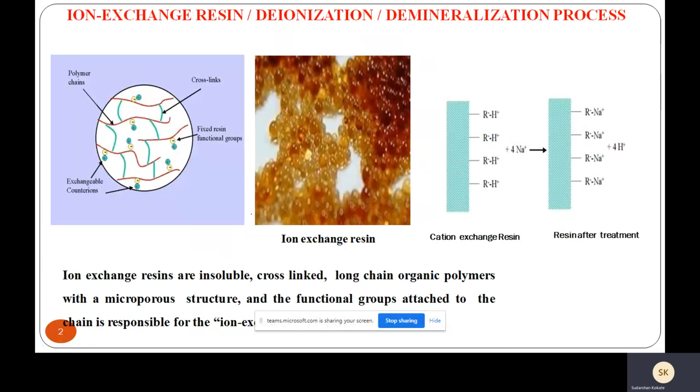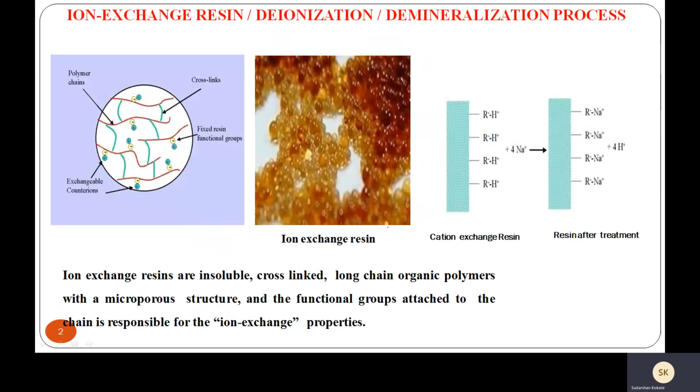So let us begin with our topic, that is the ion exchange method, which is also known as deionization process or demineralization process. Water obtained from the zeolite process contains Na+ ions, and boiler feed water should, as far as possible, be free from all types of impurities.